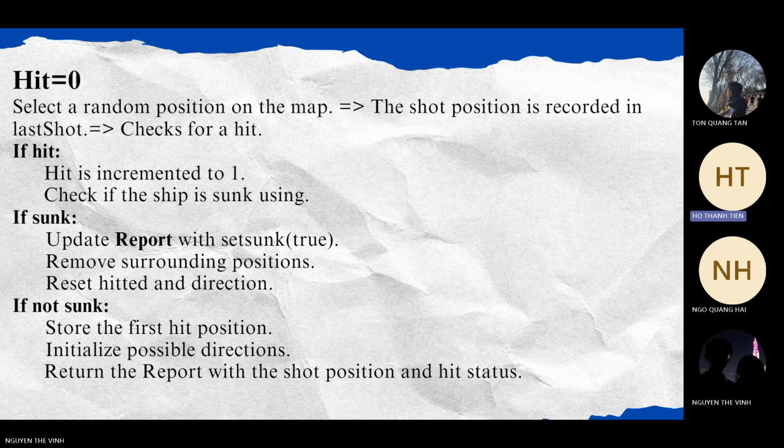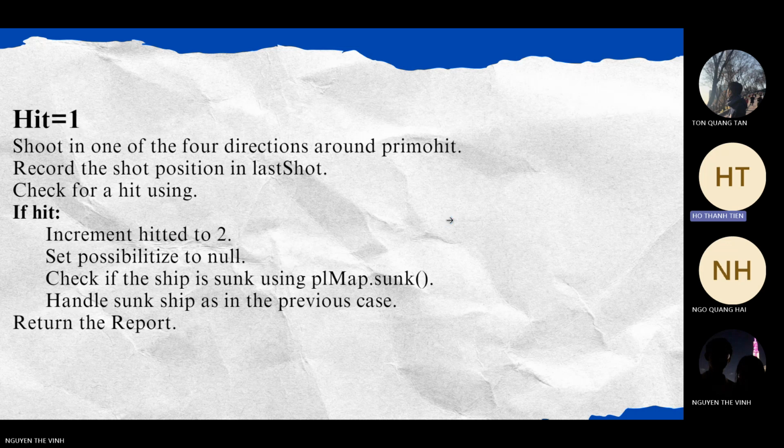If the ship is not sunk, it will store the first hit position in primalHit and initialize the possible directions in possibility. Return the status to the report with the shot position and its hit status. So at hit equal 1, a function is called to shoot one of the 4 directions around the primalHit.